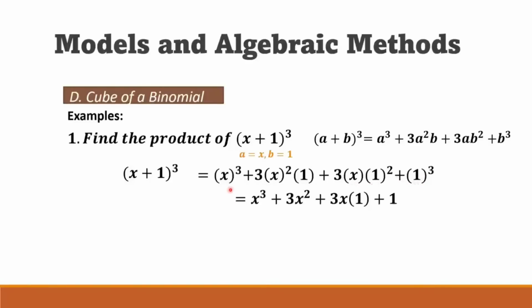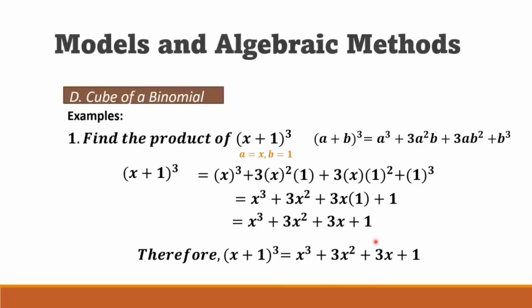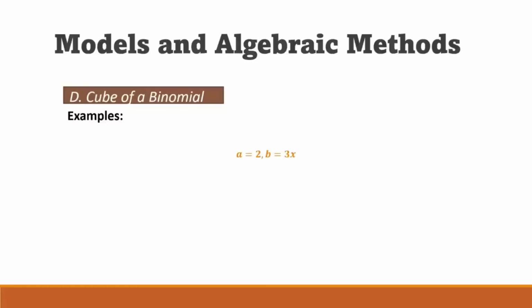Then we simplify: x cubed, plus 3x squared, plus 3x times 1, plus 1. The final answer is x cubed plus 3x squared plus 3x plus 1. Therefore, (x plus 1) cubed is equal to x cubed plus 3x squared plus 3x plus 1.